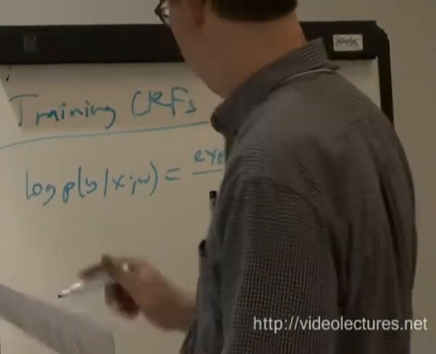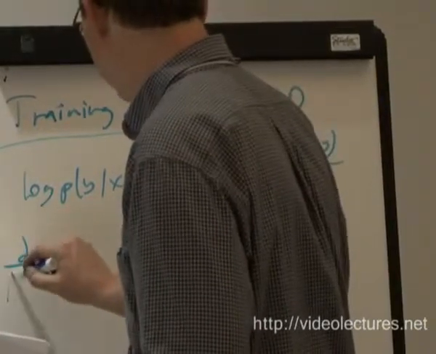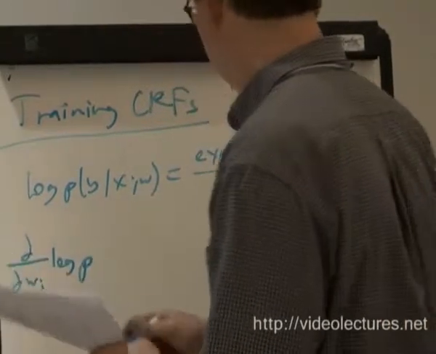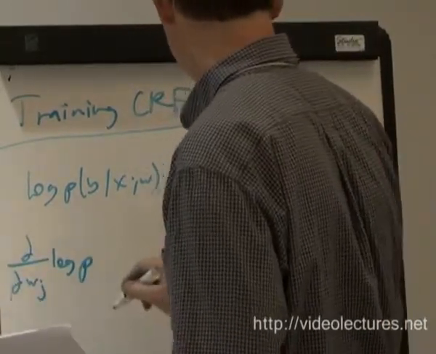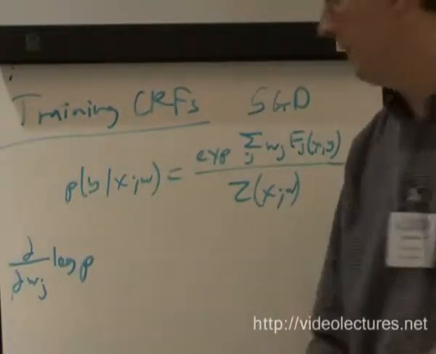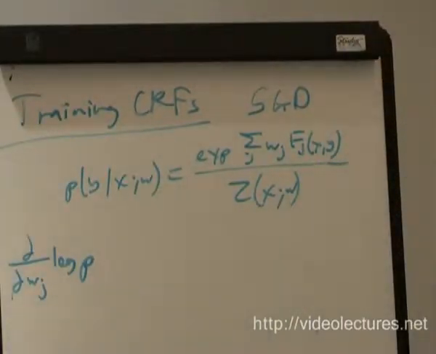And so d by dwj of log p is, okay, sorry. So this is the p function. So the log p function will be the log of this. And what I want to do now is the derivative of the log p function.